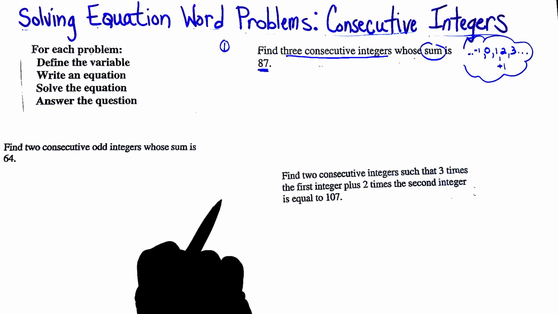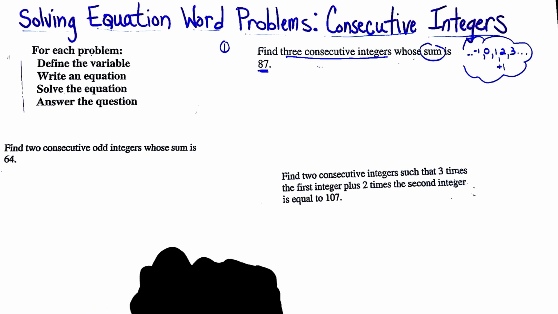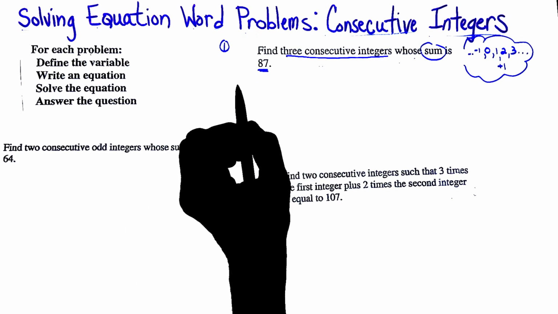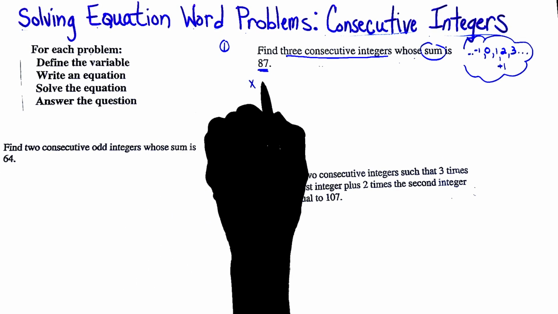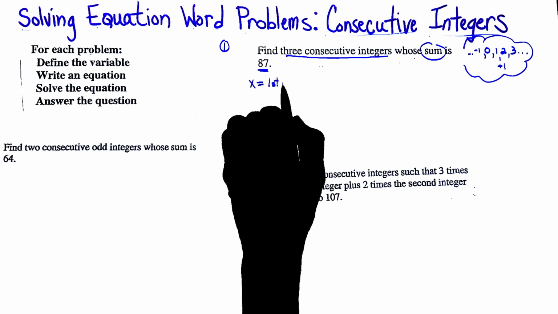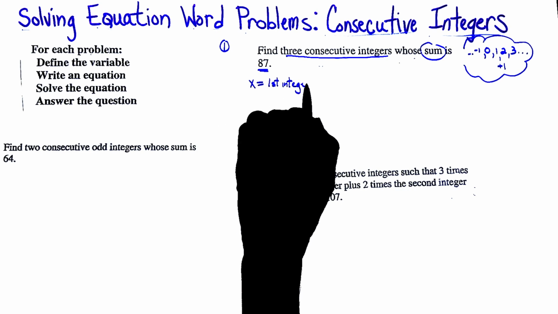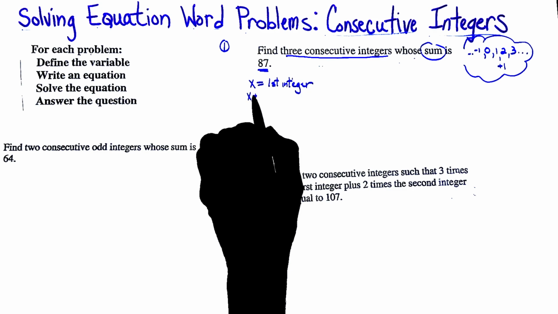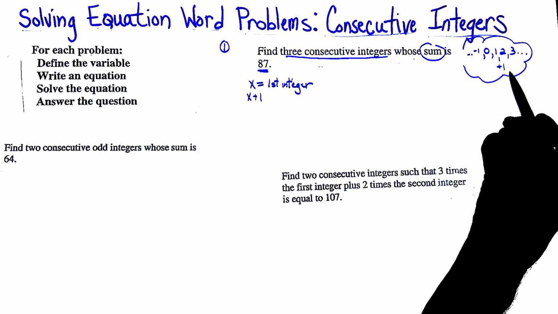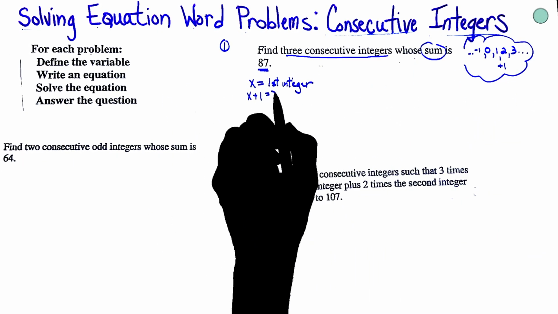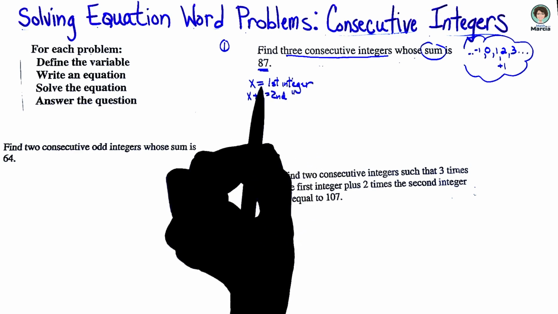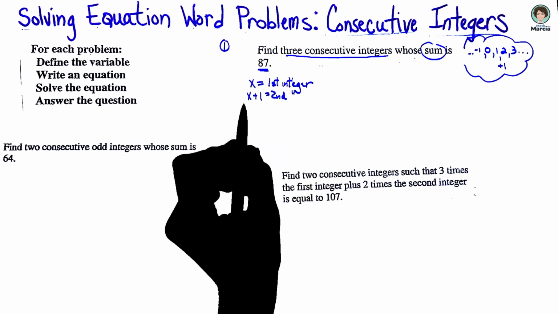So when I'm looking at that, I know that I have to define my variable. Well, I'm going to say x is equal to my first integer. X plus 1, remember, since it's right next door to each other, is going to be equal to my second integer. And when I put those two little marks, that means integer.